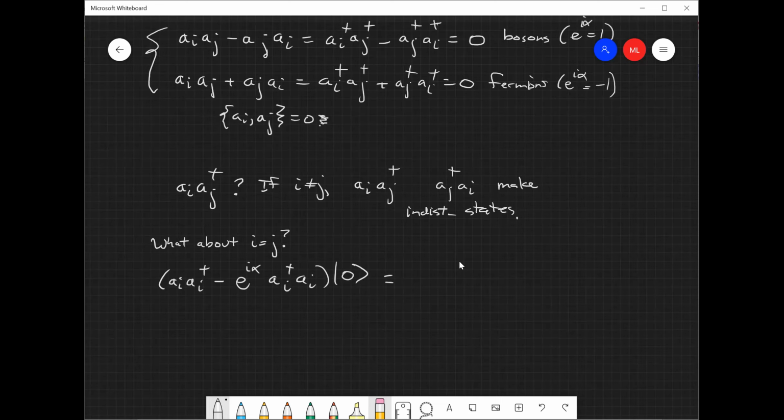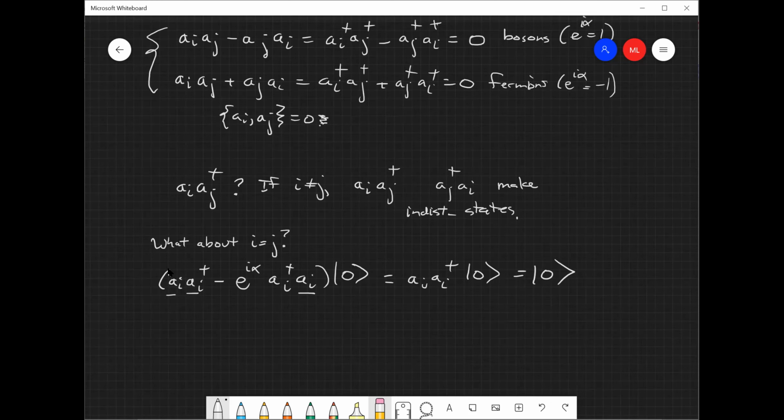What should happen here is if you annihilate the particle in state i, then that should just give you a 0. But if you create the particle and then annihilate it in state i, that should just give you a 1. So that should just give you back the vacuum state again. So this whole thing should be equal to 0 again.